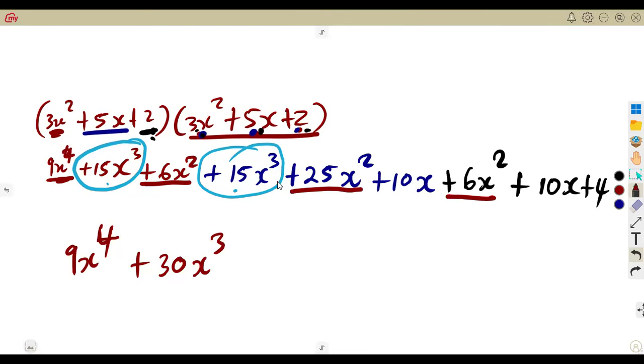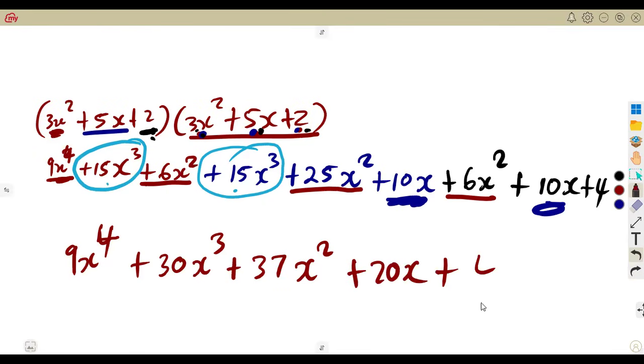So you're going to add 12 plus this 25, which is going to be 37x squared. Then the part of x, we have got 10x, 10x. If you add this 10x and 10x, it's going to be 20x, plus the remaining term, which is 4.